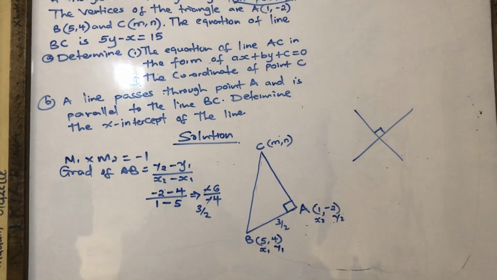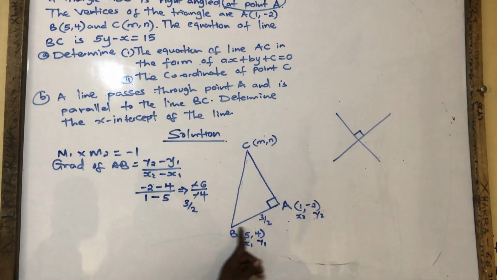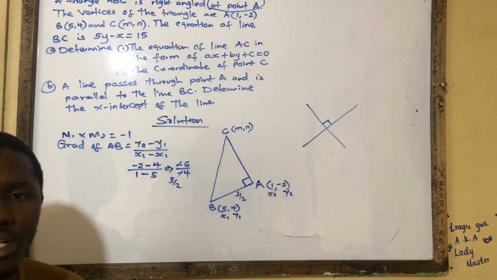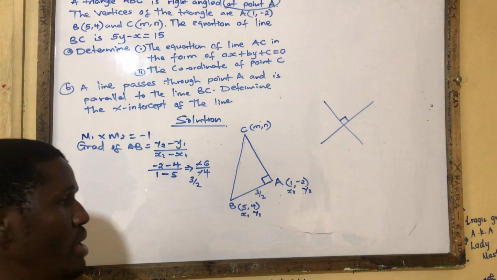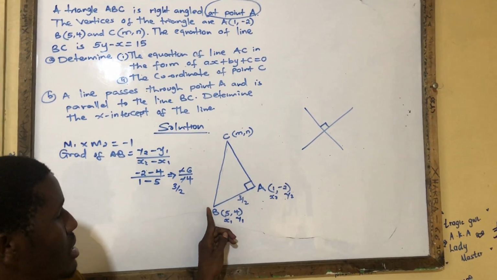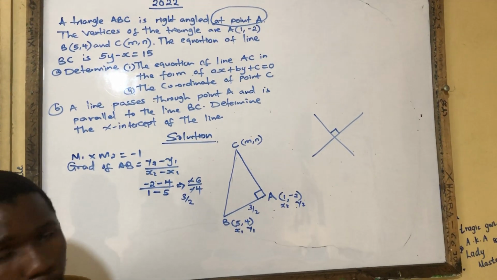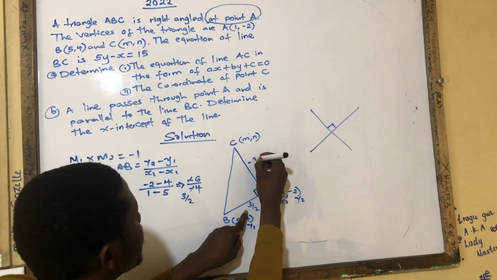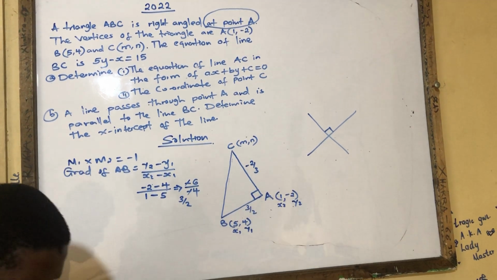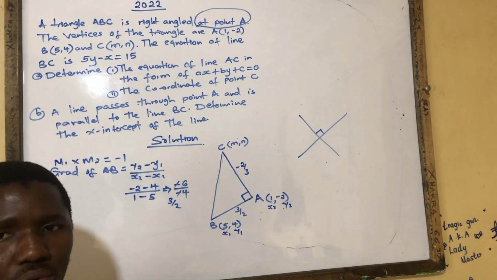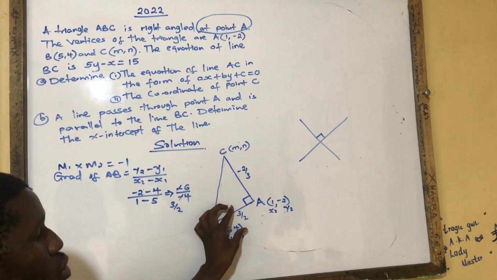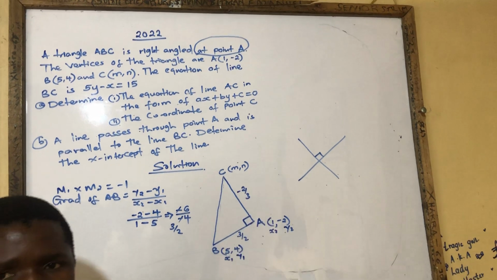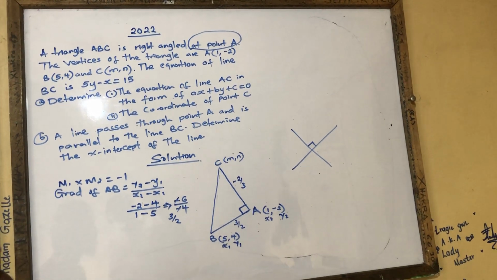We have already agreed that AB and AC are perpendicular, which is to mean that if AB is having a gradient of 3 over 2, then line AC should have a gradient of negative 2 over 3. If you've been following our lessons, I gave you a good shortcut of getting the other gradient without going into a lot of trouble.